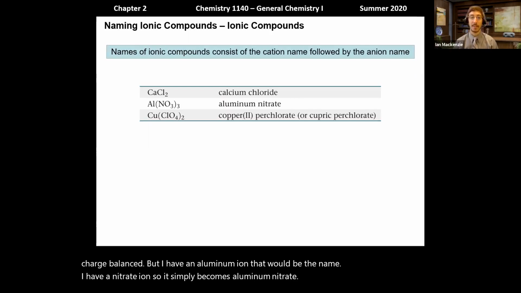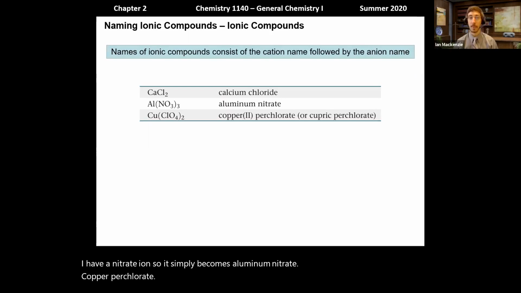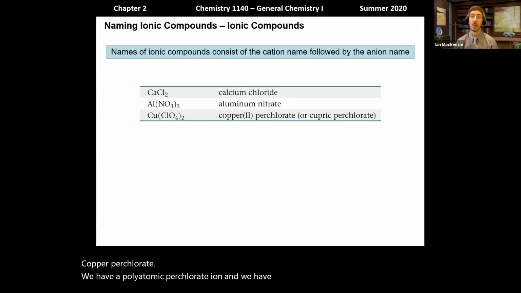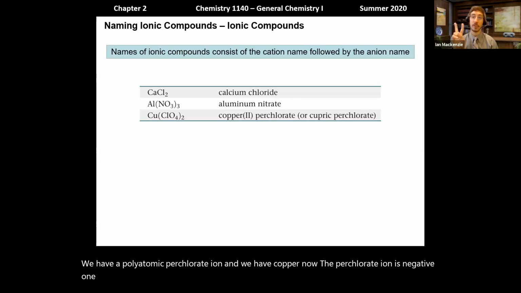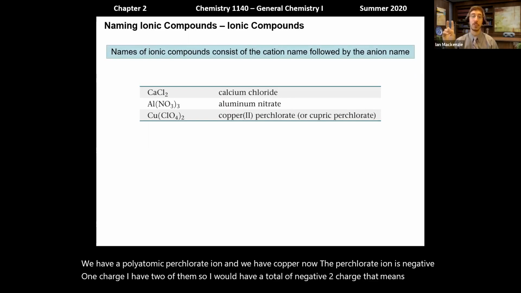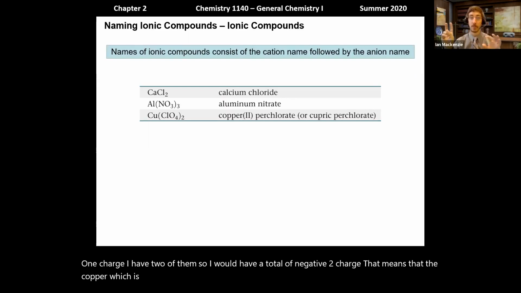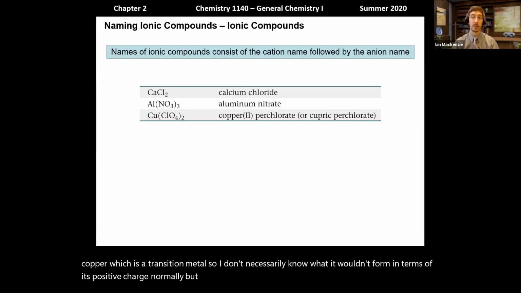Copper perchlorate: we have a polyatomic perchlorate ion, and we have copper. Now, the perchlorate ion is -1 charge. I have 2 of them, so I would have a total of -2 charge. That means that the copper, which is a transition metal, so I don't necessarily know what positive charge it would normally form, but the compound has to be charge balanced.